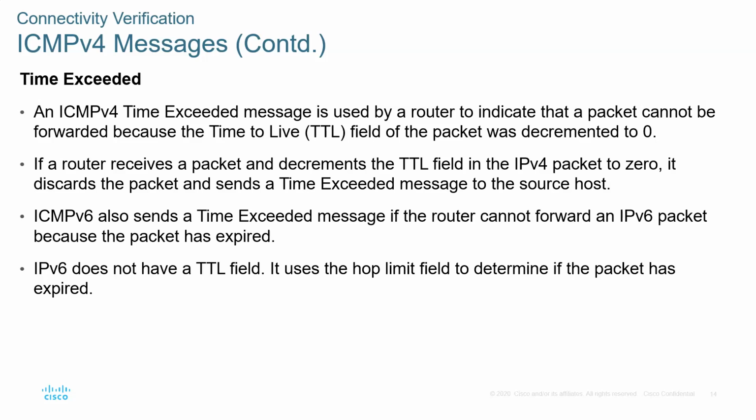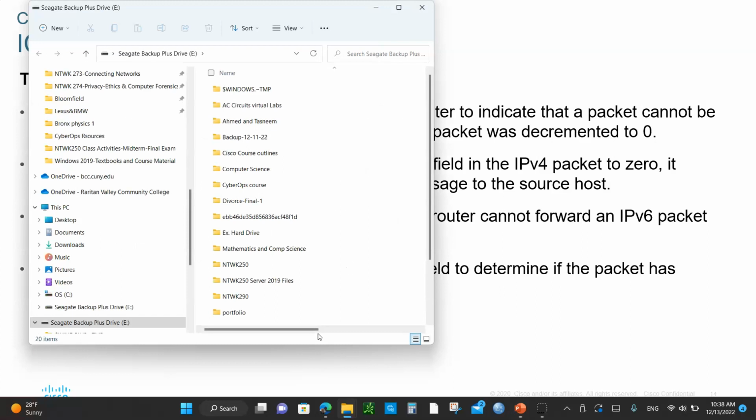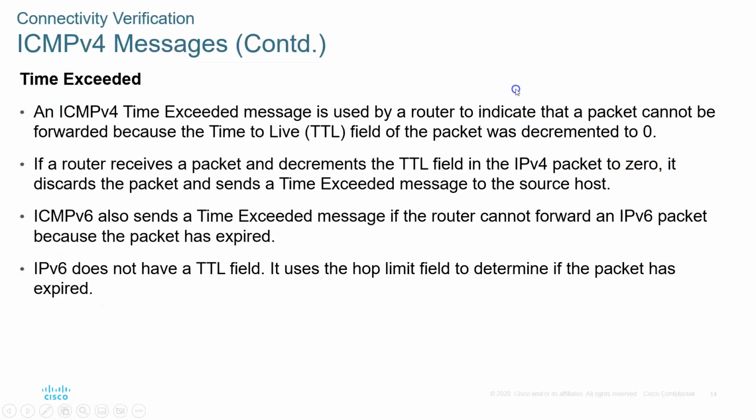ICMP uses the TTL number that is stamped on every packet when it's released to let you know that your packet has died or did not reach its destination. When the internet was first designed, your packet was traveling across the network.